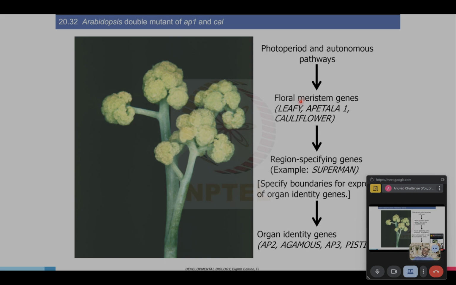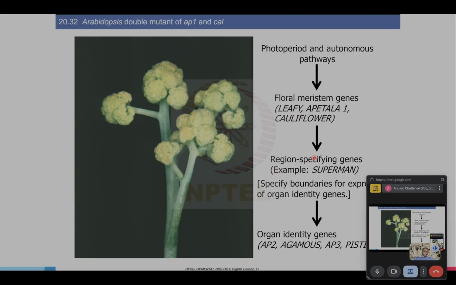Next in line are floral meristem genes, leafy, apetala 1, cauliflower, which determine that we are now going to form a floral meristem and identify where exactly it is going to form. So this is the precursor to the flowers.